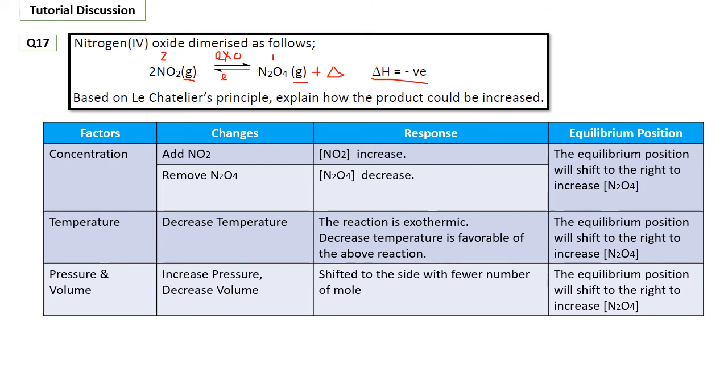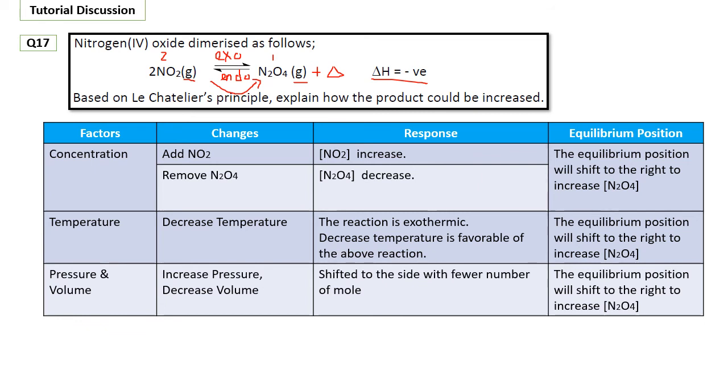So in this case, we need to explain how the product could be increased. So if I want the product to increase, means the system has to shift to the right side. In this case, we have to explain based on 3 factors. The first one is about concentration.